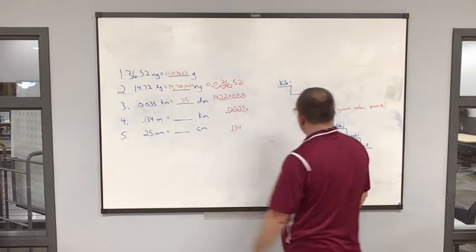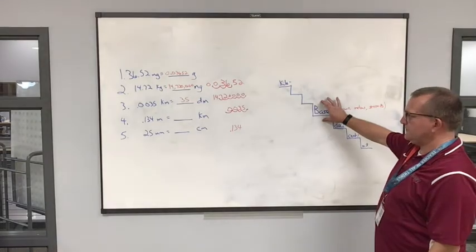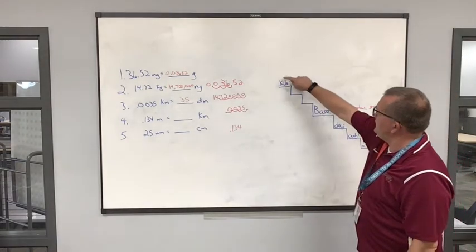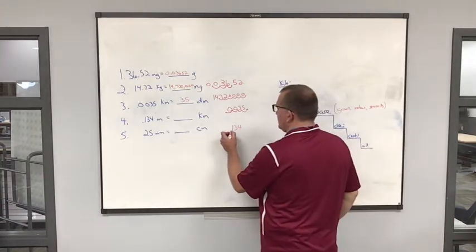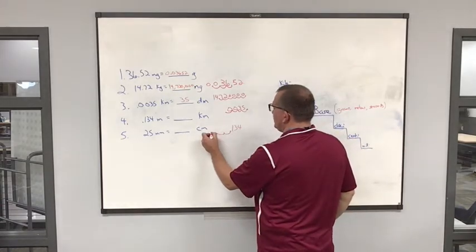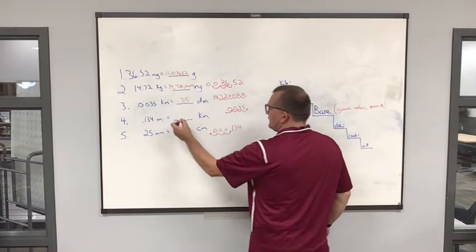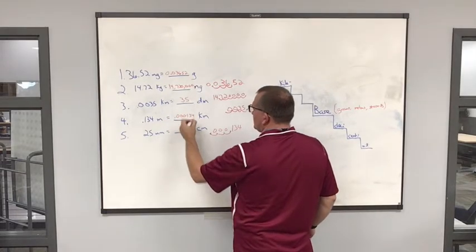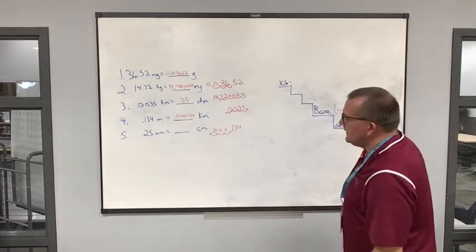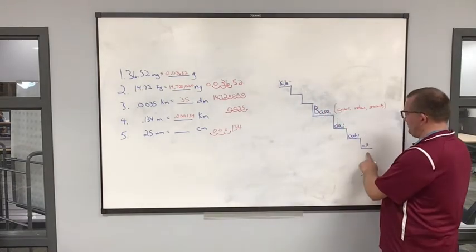It's just M, meters. That's going to be base, and I'm going from base to kilo. So I go 1, 2, 3 to the left. 1, 2, 3. 0.00134 kilometers.